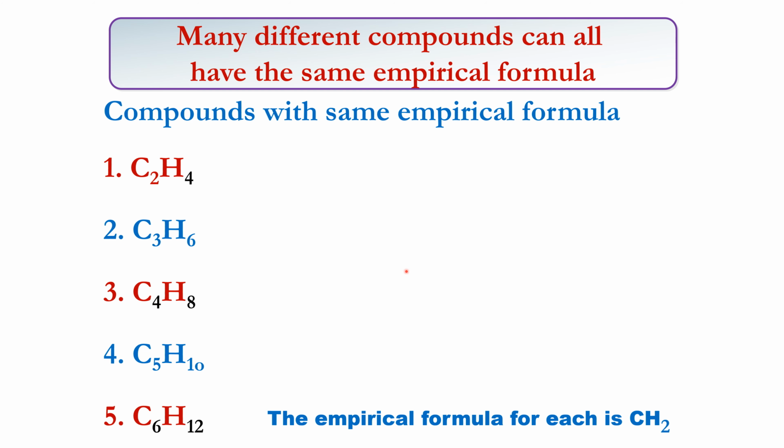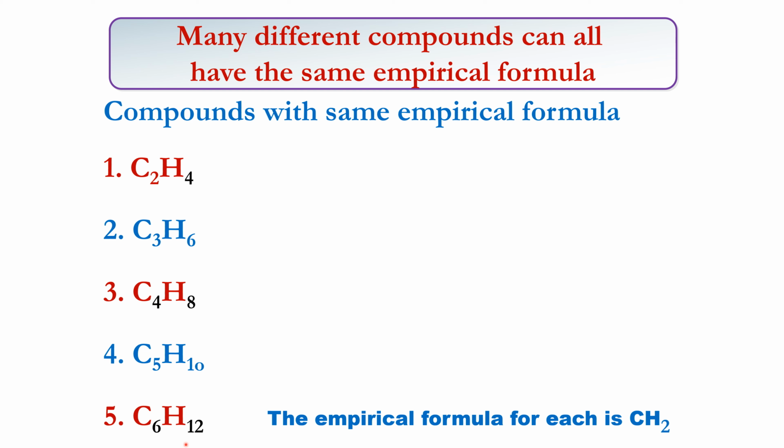For C4H8, the highest number that can divide both 4 and 8 is 4. So the empirical formula for C4H8 is CH2. For C6H12, the highest number that can divide both 6 and 12 is 6. So the empirical formula for C6H12 is CH2.